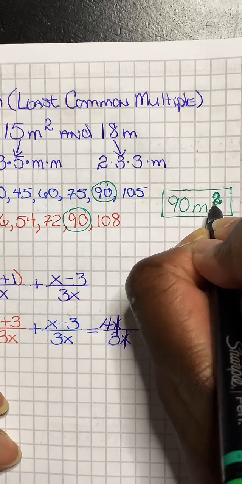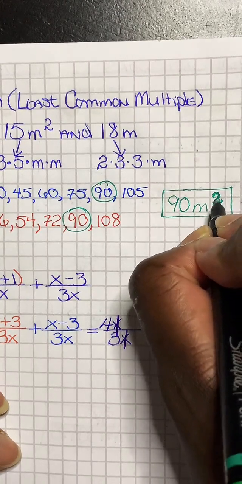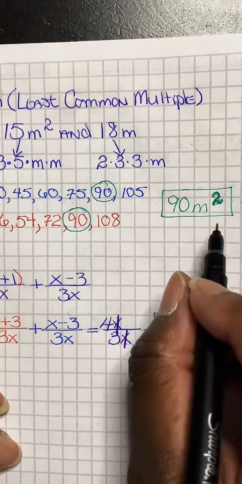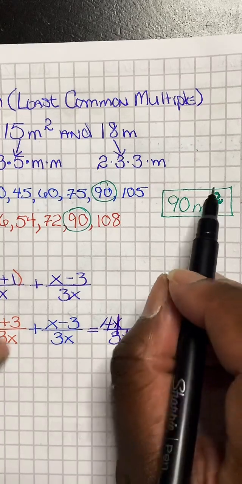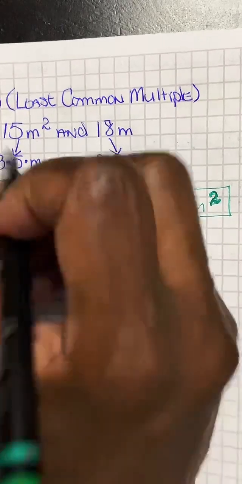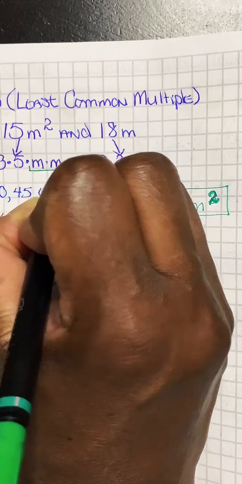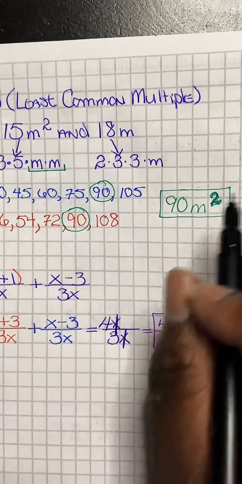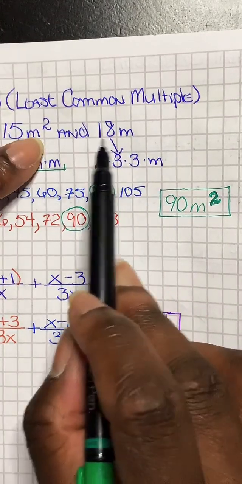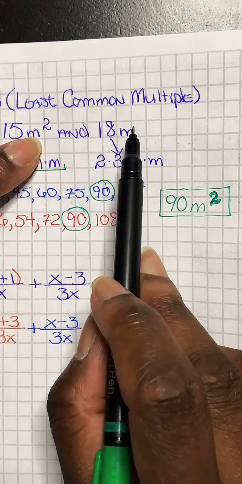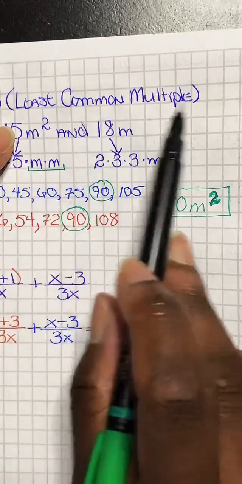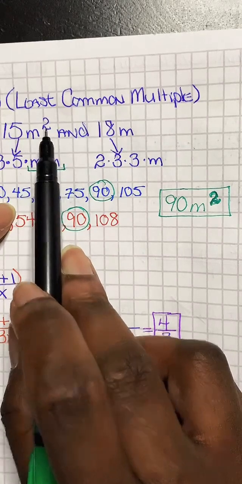Instead of adding the exponents, you're going with the highest exponent. So when we're finding the GCF, we always found the lowest exponent. But when you're finding the LCM, you're finding the highest exponent.